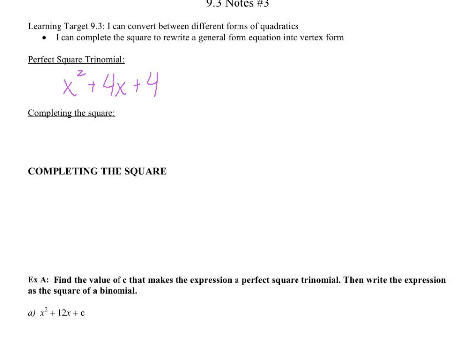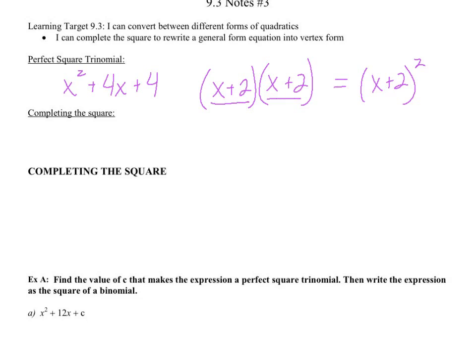So when I factor this trinomial, I figure out what multiplies to get 4 and adds to get 4, and that would be x plus 2 and x plus 2, which is the same thing as x plus 2 squared. So a perfect square trinomial is something where you're going to get two binomials, and these two things need to match, okay? So if those match, then it's a perfect square trinomial.